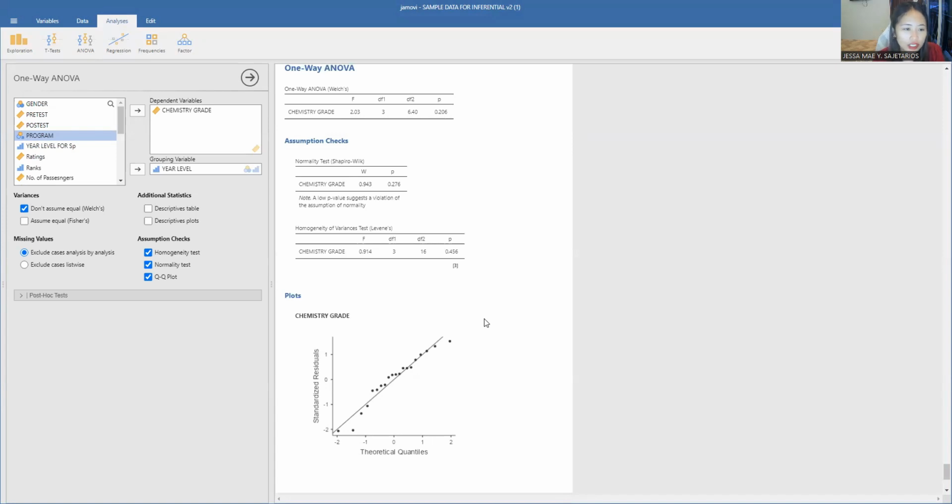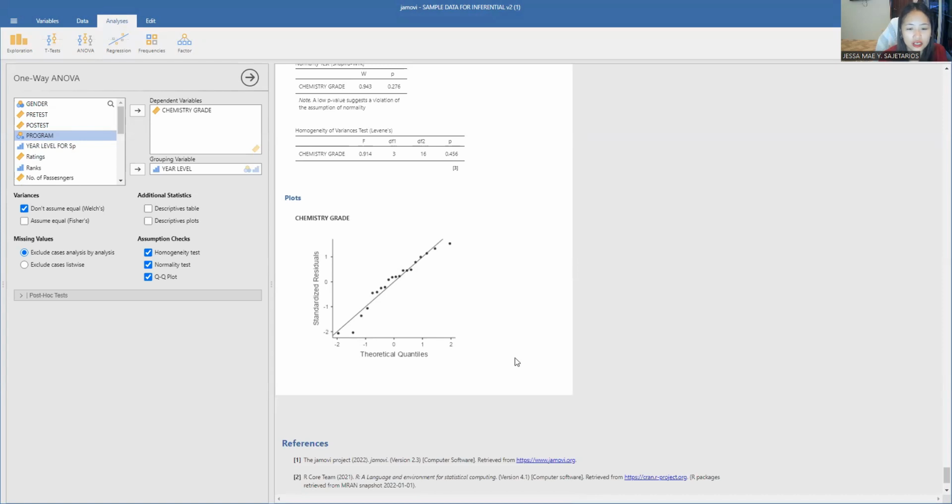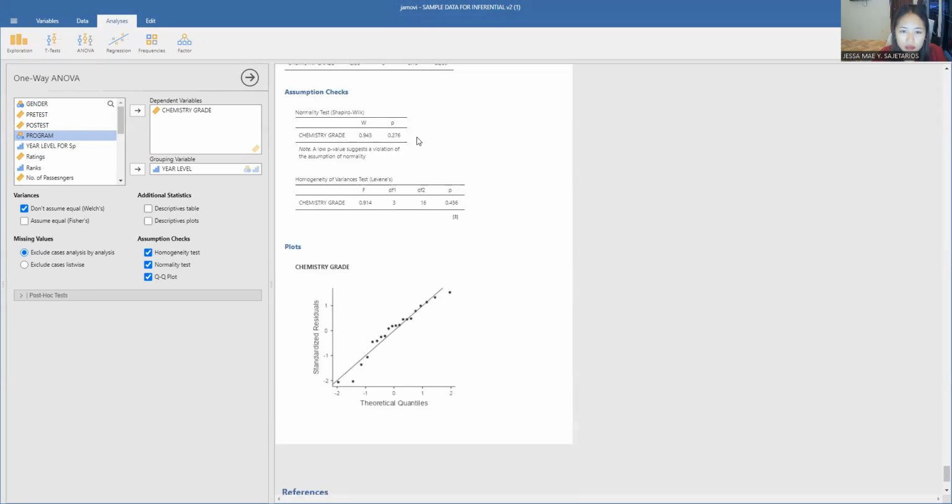So next one naman is no significant outliers. Makikita natin yan using this plot. So wala man kay layo nga dot. So meaning wala is outliers. Then next one is ang dependent variable natin should be approximately normally distributed, and we're gonna check that using Shapiro-Wilk.